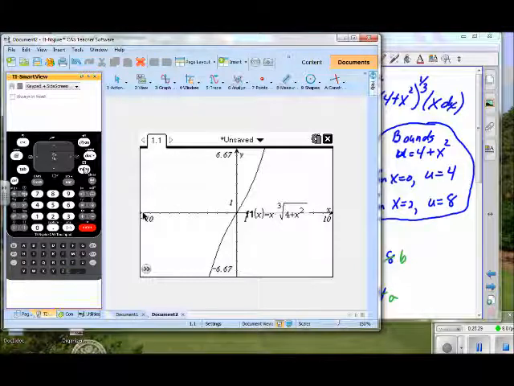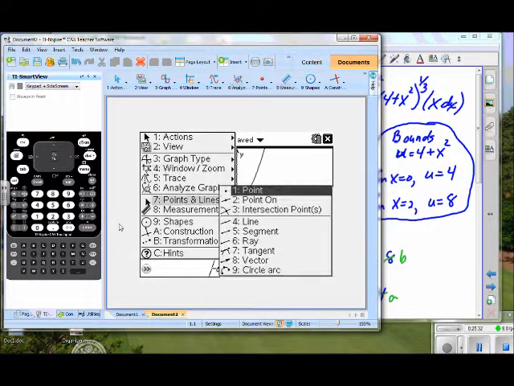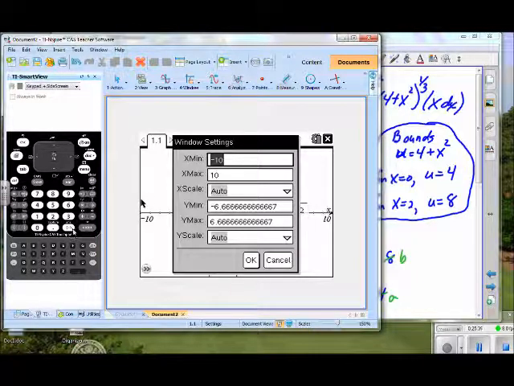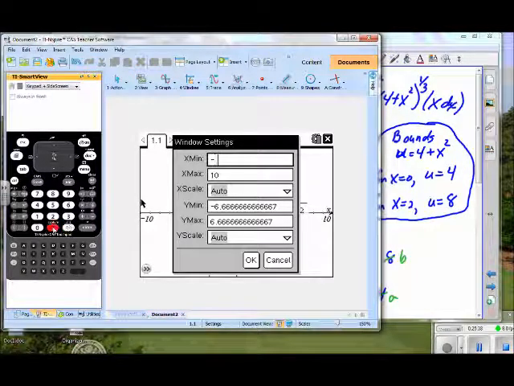We're only looking from 0 to 2, so let's look at a window that will go from, well, let's say negative 0.5 to 3, and we'll scale by 1.